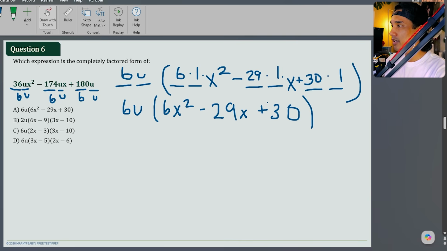Okay, now we're going to do something called the AC method. And first, before doing the AC method, you need to understand what we're doing here. Usually, you would have something like this, and then you would find two terms multiplied together equaling this. And then when those same two terms combine together will equal this.